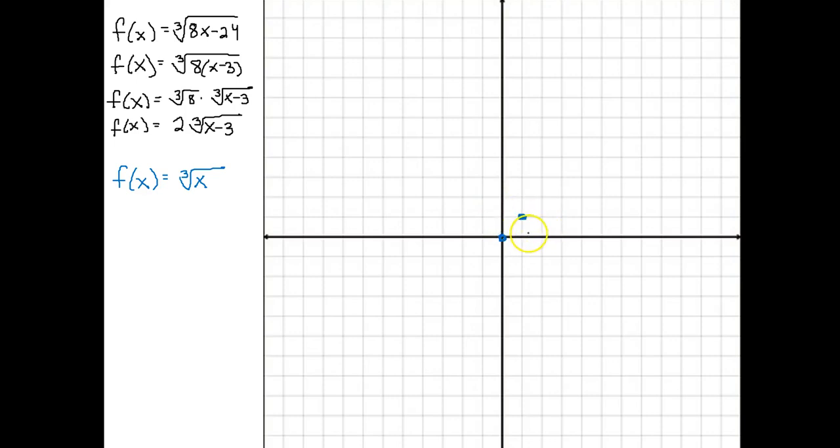Cube root of 8 is 2. So that goes up there. Negative 1, cube root of negative 1 is negative 1. Cube root of negative 8 will be negative 2. So your plain old cube root of x will look like this. When I draw this, you can see how the domain is negative infinity to infinity.